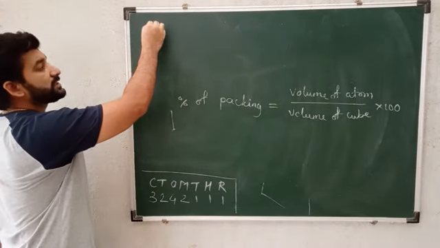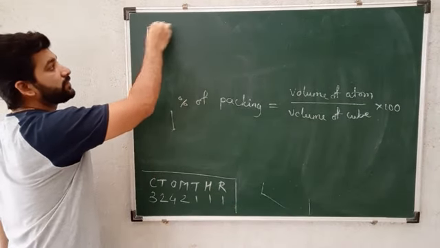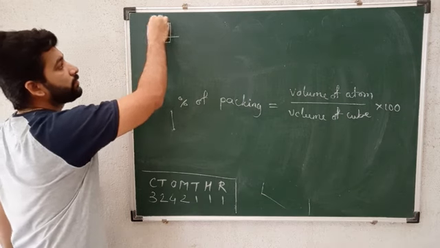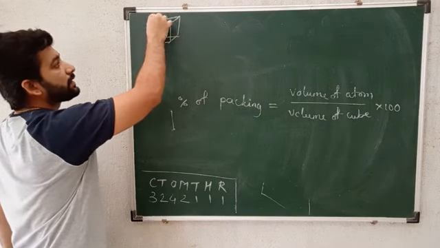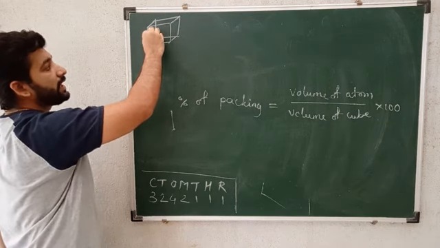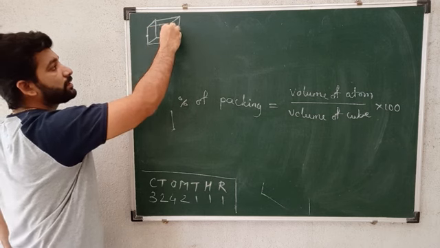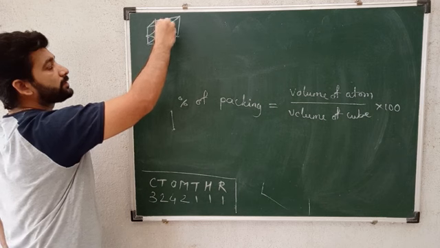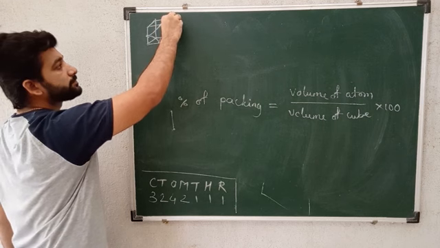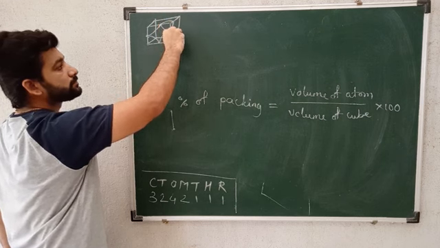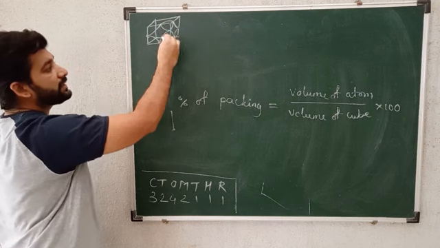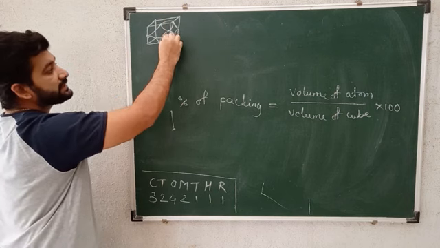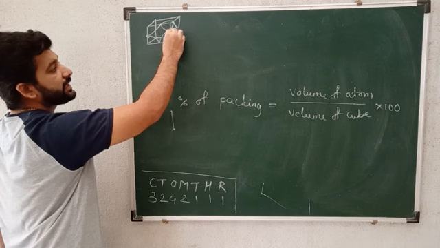So for simple cubic crystal structure, we will draw a cube. In that cube, I will try to draw a shape of simple cubic crystalline unit. In this, you can see this part of atom which I am shading right now.